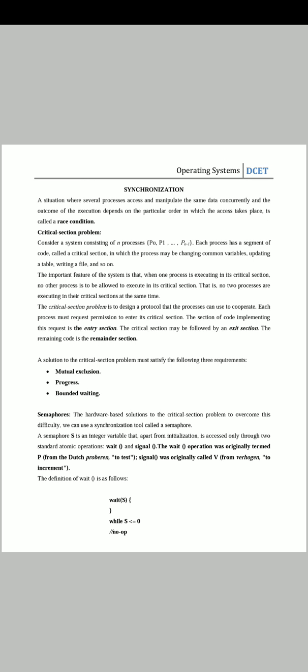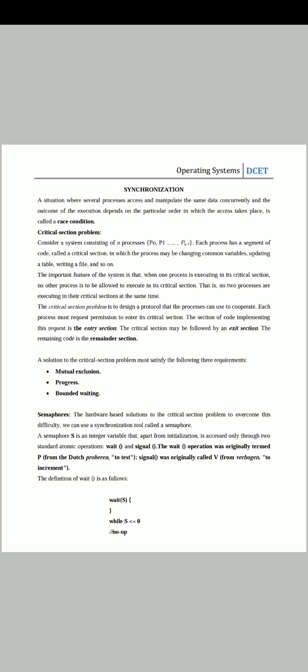It means that suppose no processes are executing in their critical section, but some may be executing in their remainder section. If any process wants to enter its critical section, then only those processes which want to enter are allowed.